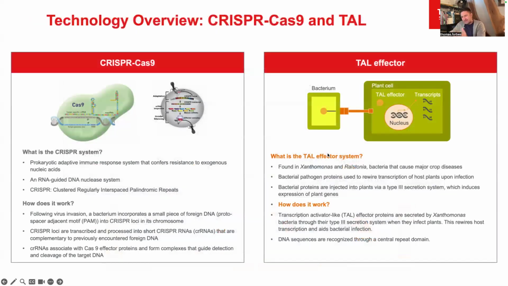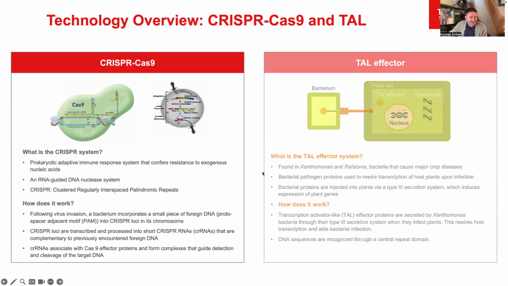And so, as I alluded to, I want to talk today about two big technologies, CRISPR-Cas9 and TALENs, right, that again allow us to program target nucleases to very specific sites in the genome and to create those double-stranded breaks. And we're going to start here on the left with, I'd say, probably the most popular and arguably the most famous of these engineered nuclease systems, and that's the CRISPR-Cas9 system.